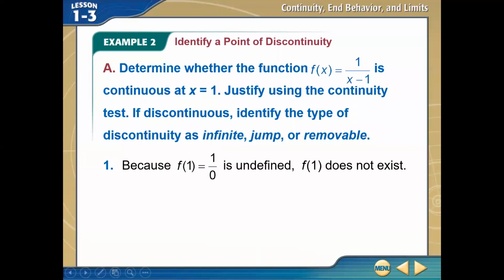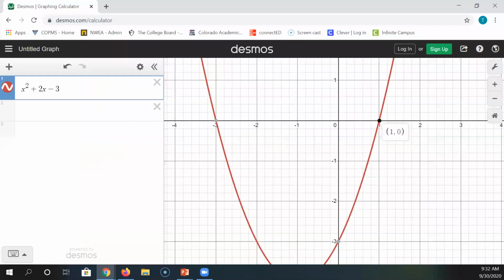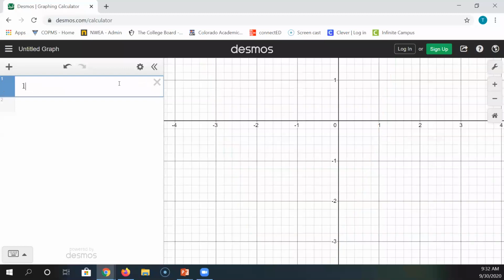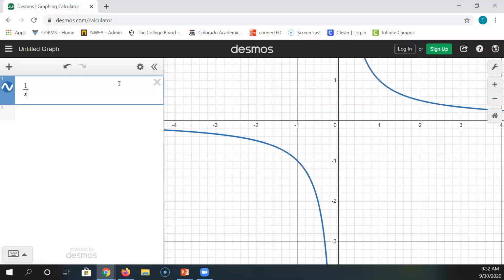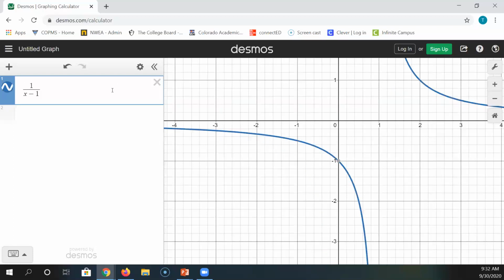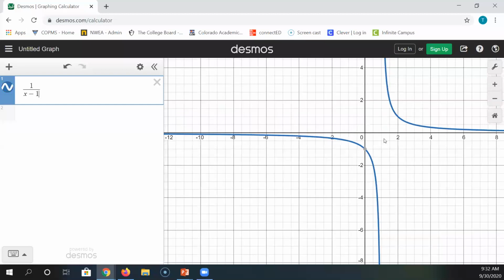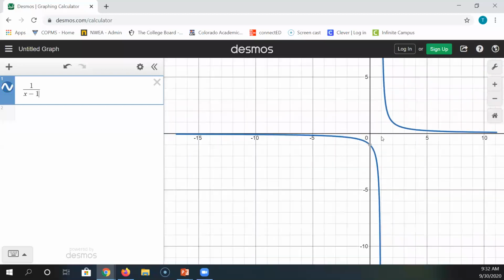If I plug this into Desmos, 1 divided by x minus 1, you can see if I scroll out, here's 1. As I approach the x value of 1 from the left side, you can see that my graph continues to go farther and farther down. The closer I get, the farther away I go.